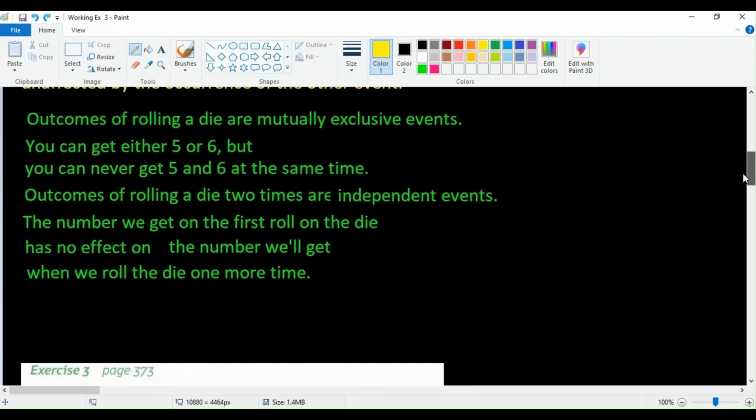For example, the outcomes of rolling a die are mutually exclusive events. You can get either 5 or 6, but you can never get 5 and 6 at the same time. Outcomes of rolling a die two times are independent events. The number we get on the first roll has no effect on the number we'll get when we roll the die one more time.